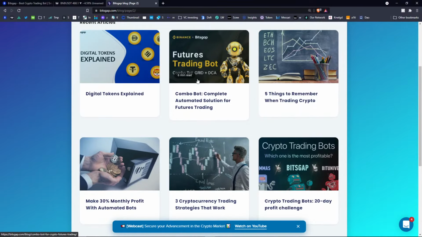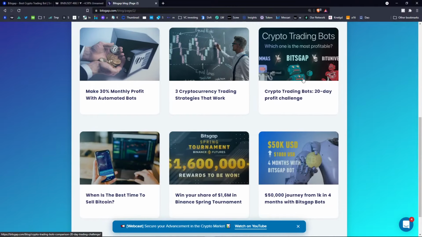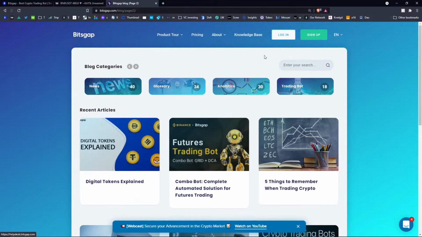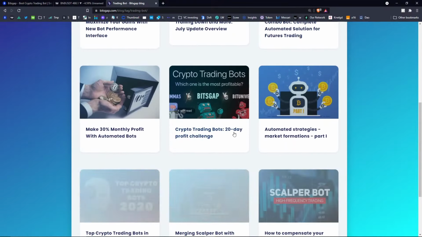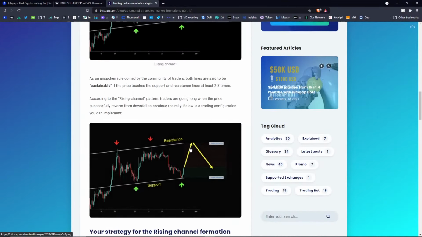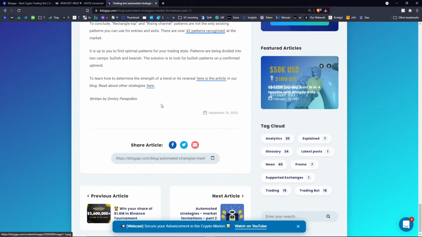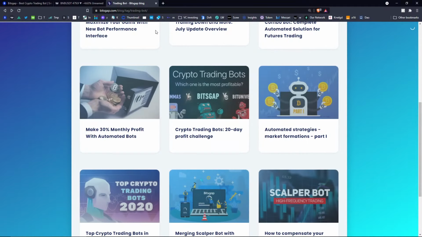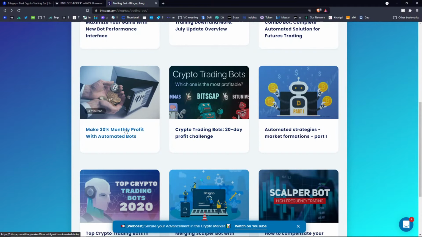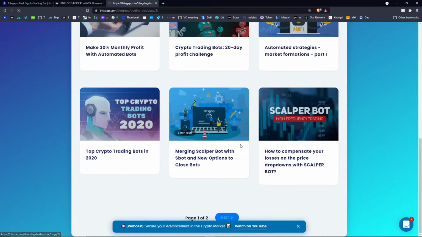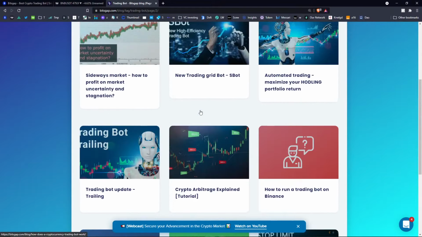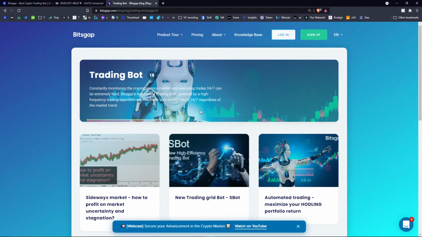If you haven't tried the combo bot, you can use this article to learn about it. And also some insights, like different ready-made strategies for your automated bots. That's something I came up with; you see, even my name here. Lots of things, just check it out. It's a good one, I promise you. I've been working on it together with the team for quite a long time, so it's worth it.